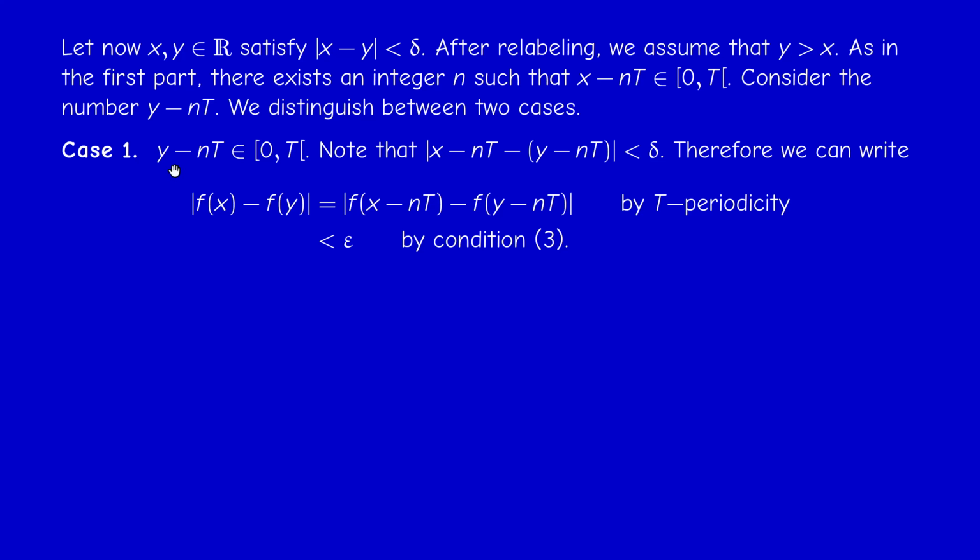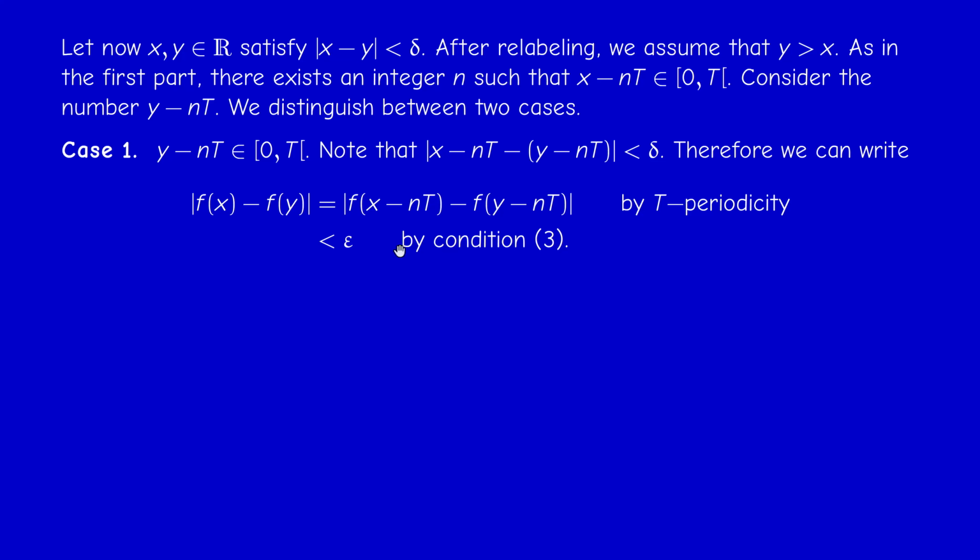In the first case, suppose that y minus nt is in the interval [0, t]. So what do we have? Both x minus nt and y minus nt are in the same interval [0, t], and their difference is just x minus y, which is less than delta. So the distance between their images is, by periodicity, just the difference between f of the translates.